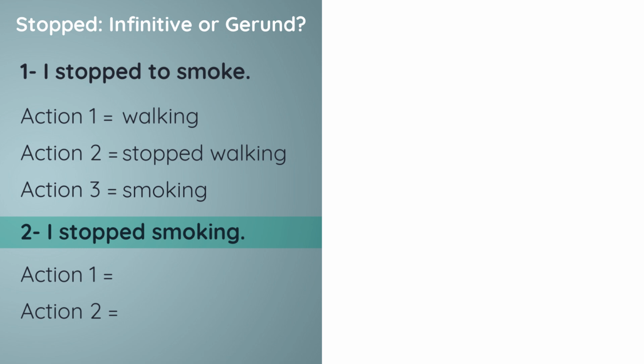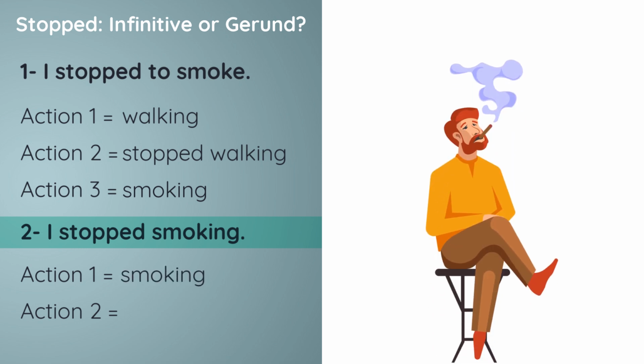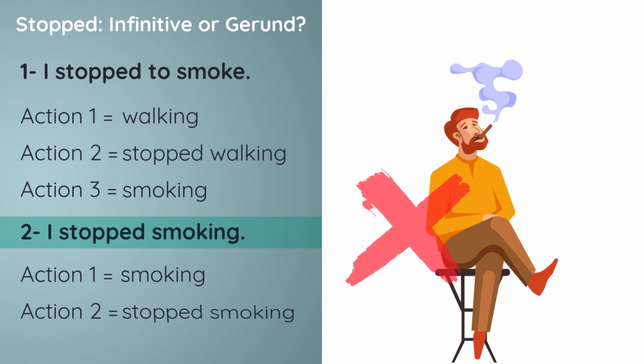The first action is smoking. So the first action is what you were originally doing. The second action is no smoking. So you stop smoking. I stopped smoking. I don't do this anymore. So I used to, but not anymore.